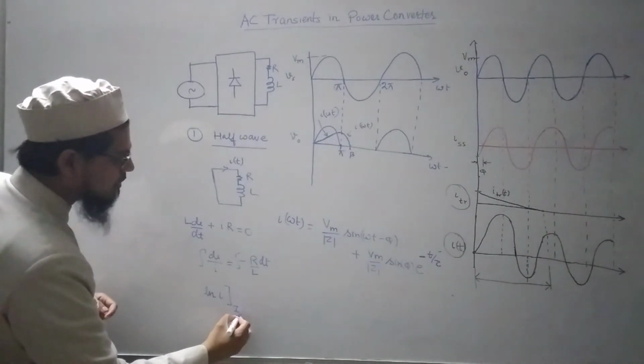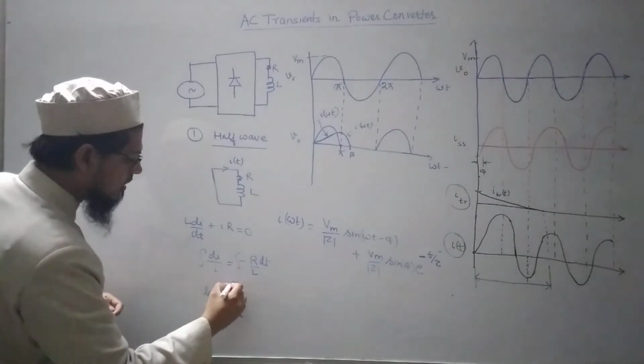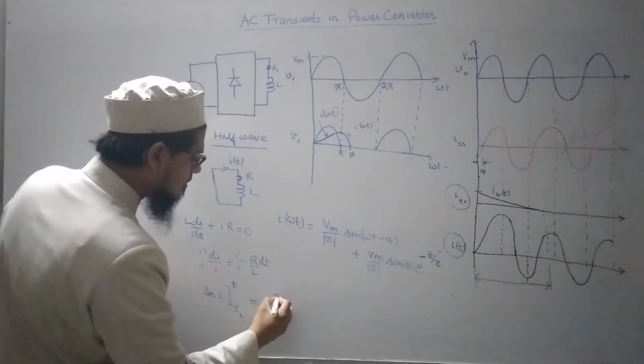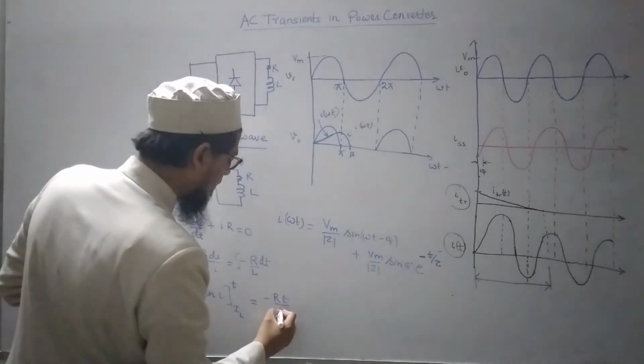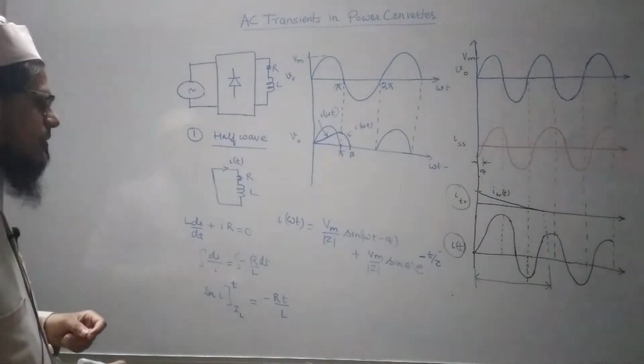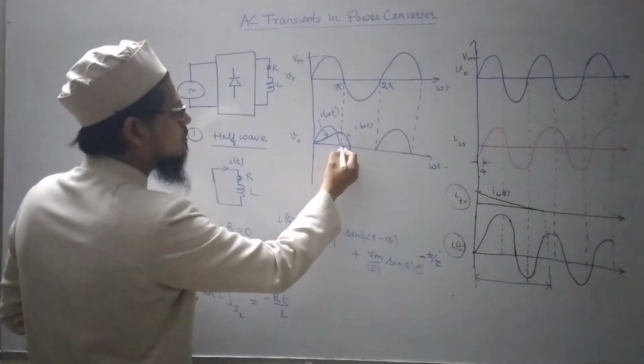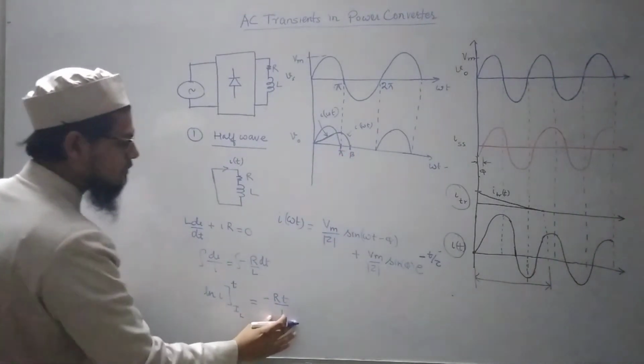from some initial value, say IL, and till t is equal to minus RT by L. I have assumed here that I am trying to solve the equation for t equals to 0 from here.